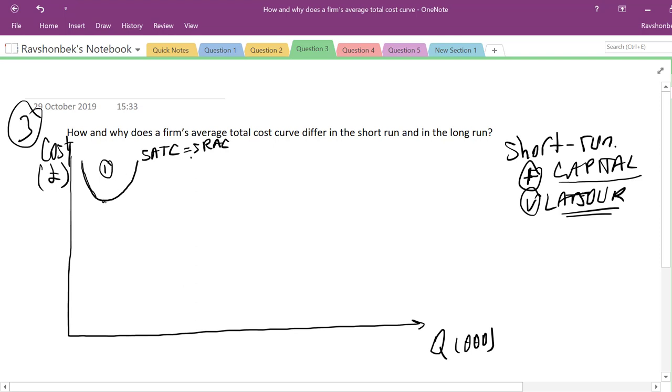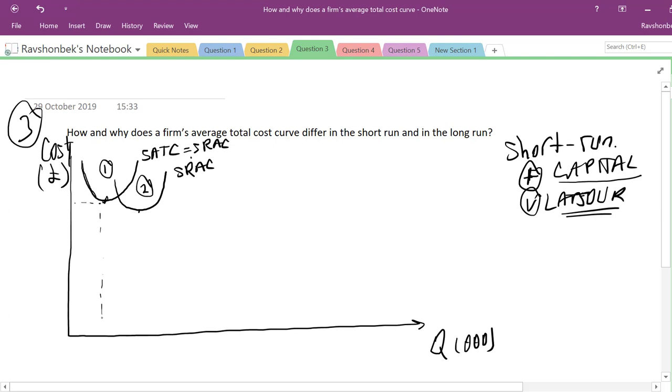Now the firm at this point will think, okay, we need to build the next factory so that we can get even lower costs and employ more labor. So if they do so with two factories, their short run average cost may look like this. So they will have an even lower efficient scale.